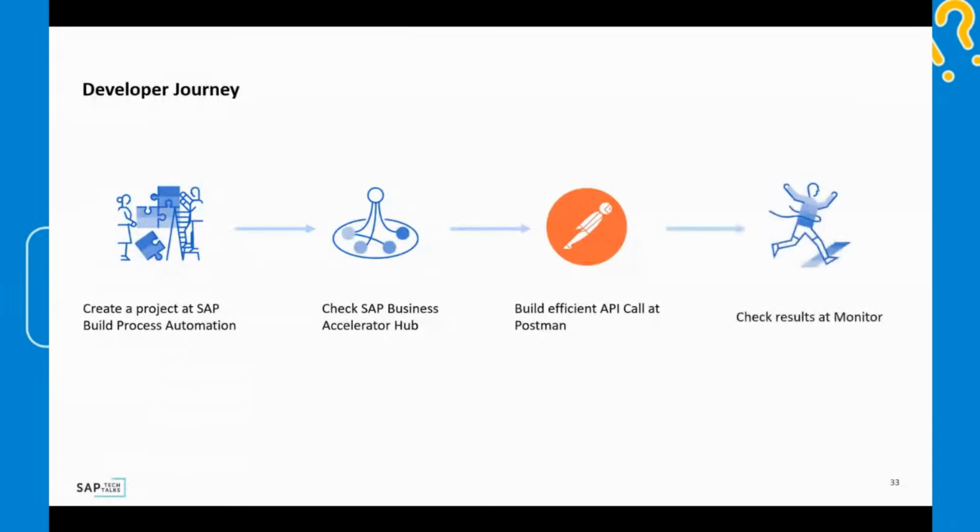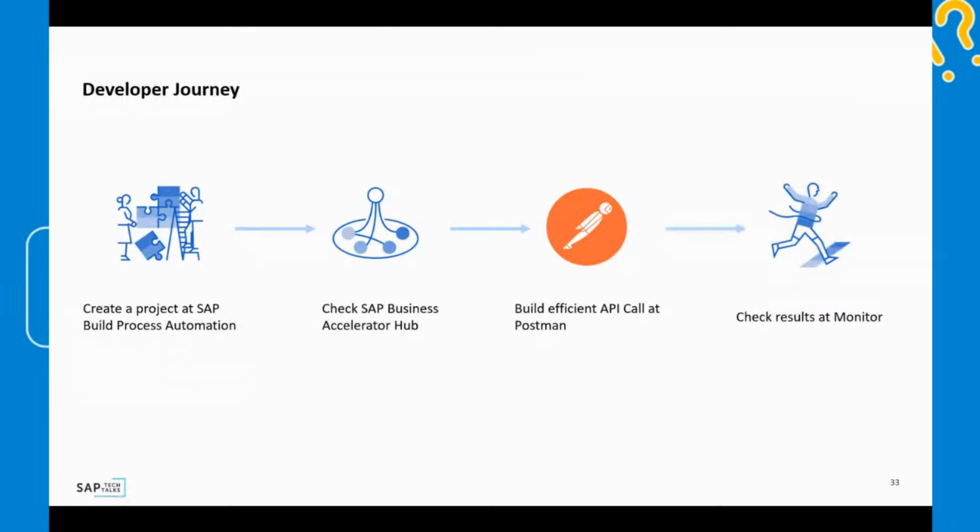And you can very fast start your API and check and monitor the results without any dependence on the development of your application. Today I've shown you a simple example of how to work with SAP Build Process Automation and API. But you can always extend your projects. Just try to use these tools together because it can save you much time.